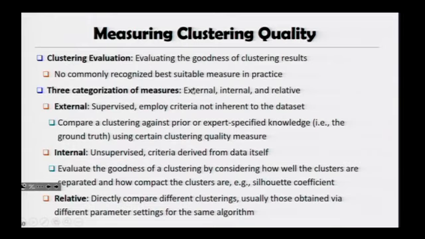That's called external evaluation. But you also can do evaluation without any ground truth by just looking at how compact the clusters are and how dissimilar and separated they are from each other. There's also the third category, called relative. It's basically comparing the relative difference between different clustering results.